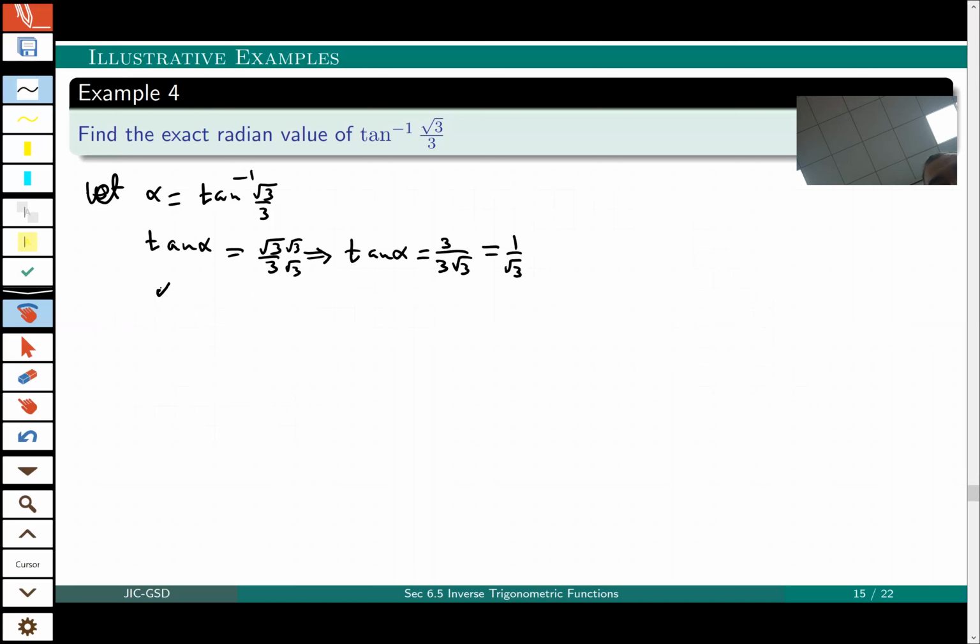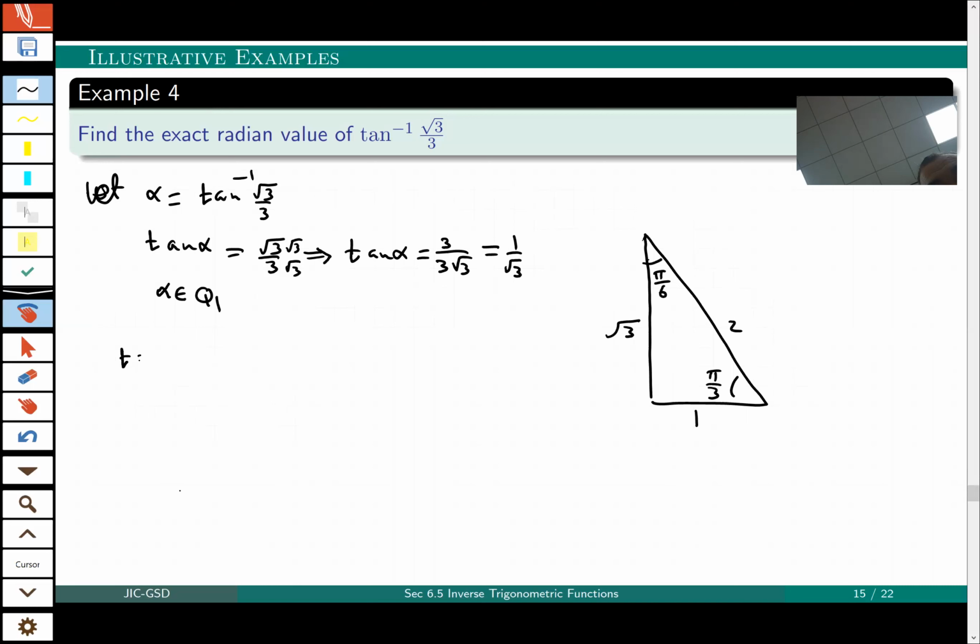As we said, alpha must be in quadrant number 1 because it's positive. So again, we will ask ourselves, which one from the triangle will give me tan equal to 1 over root 3?